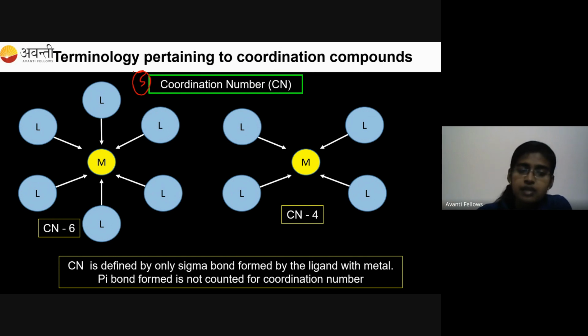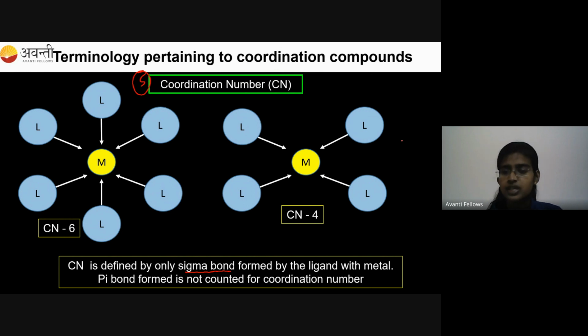Or you can define the coordination number by the number of sigma bonds formed by the ligand with the central metal atom. All are giving you the same meaning only. So there are different statements. Pi bond formed is not counted for coordination number. Actually, there will not be the formation of a pi bond in most of the complexes.